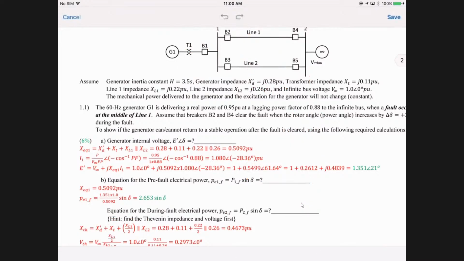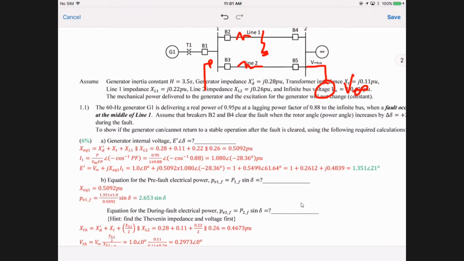And then you find the Thevenin's voltage. In the Thevenin's voltage, you have a voltage here, infinite, and you have the ground here.